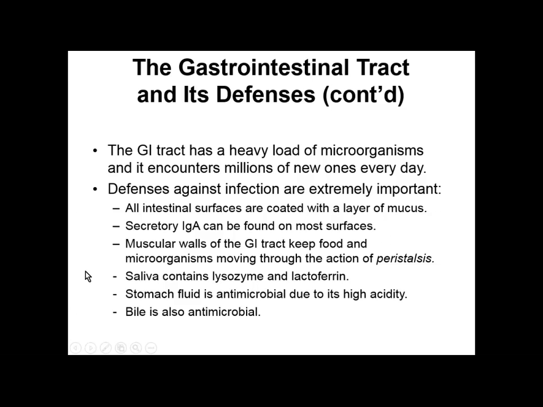This layer of mucus is going to be lining the lumen, or the inner cavity of the GI tract, and helps to resist the digestion of our GI tract so that our GI tract does not digest itself, and also makes it more difficult for bacteria to penetrate the lining of our GI tract. We also have a lot of immunoglobulin A found in our GI tract. Immunoglobulin A is the antibody that's associated with mucus, so with lots of mucus we have lots of this antibody.